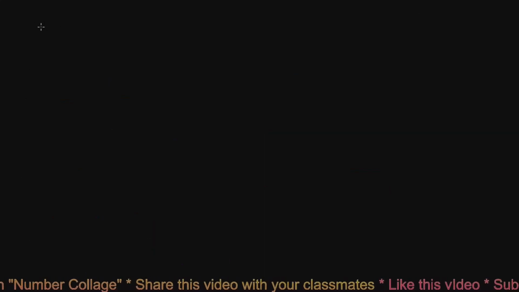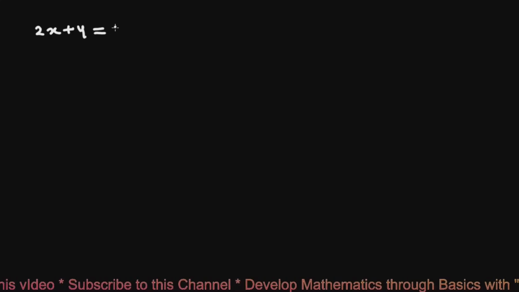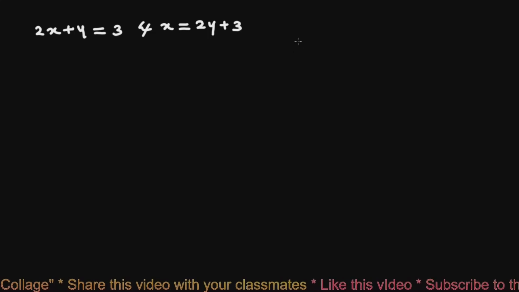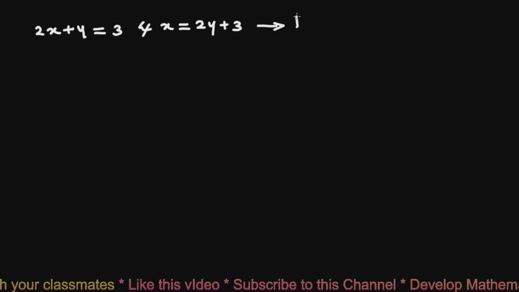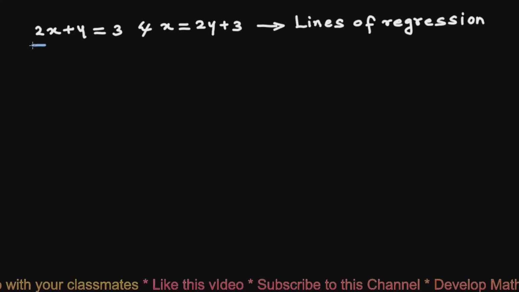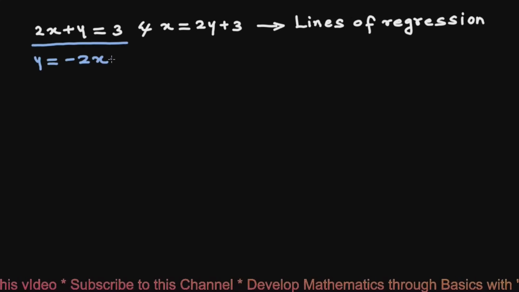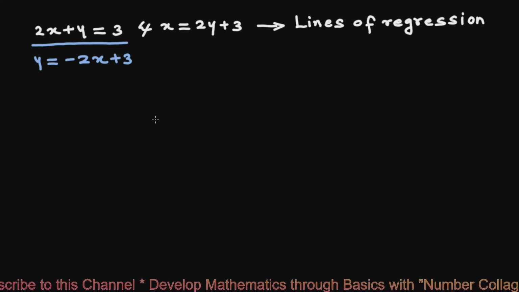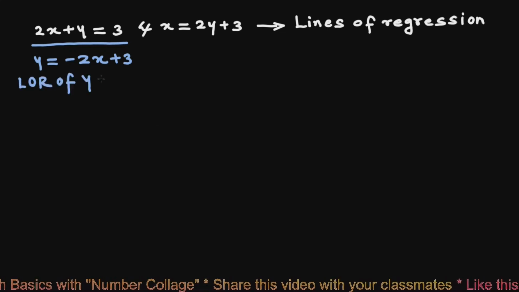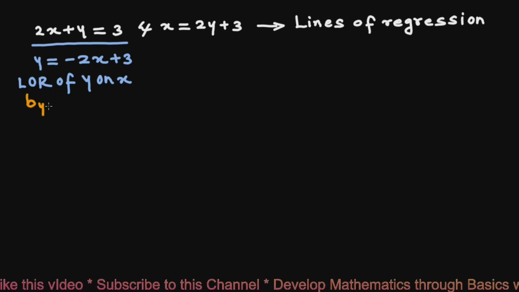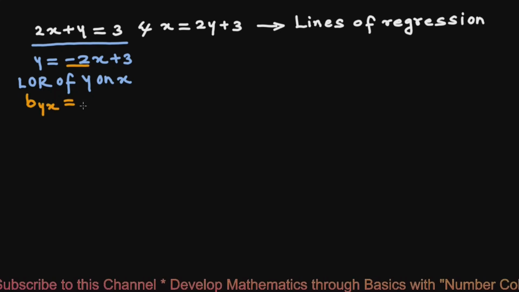Let us investigate whether the lines 2x plus y equals 3 and x equals 2y plus 3 can be the lines of regression. If we write this first line as y equals minus 2x plus 3, then it becomes the line of regression of y on x, and its coefficient of regression byx will be this minus 2.